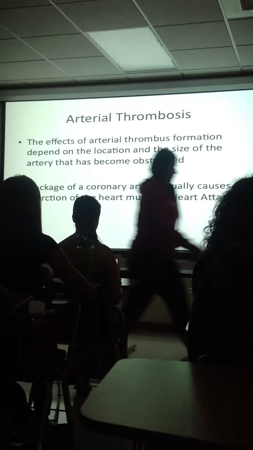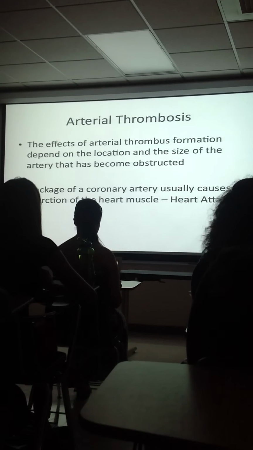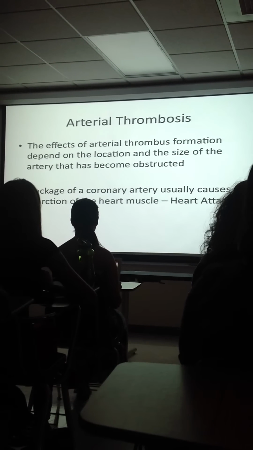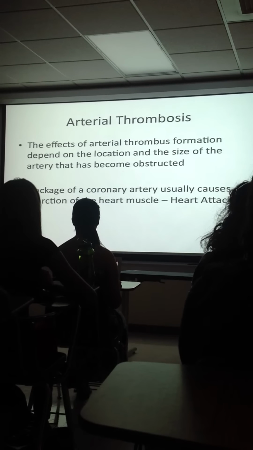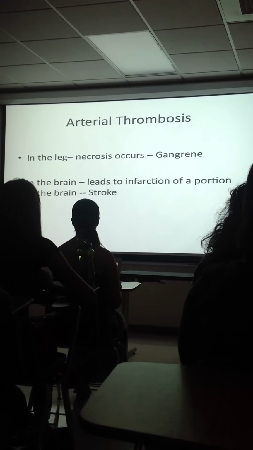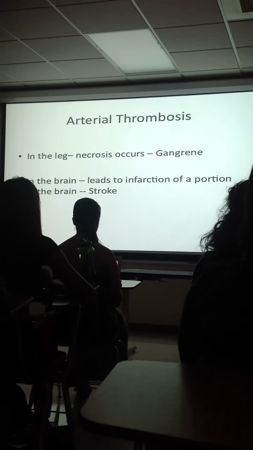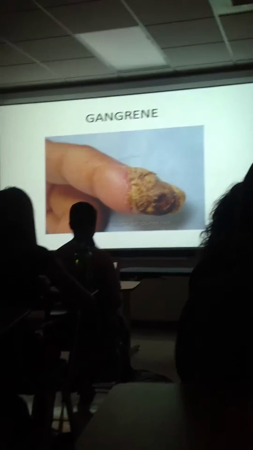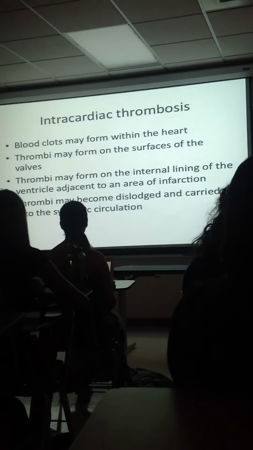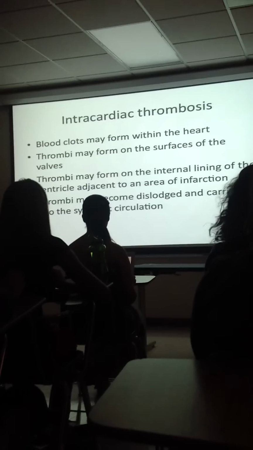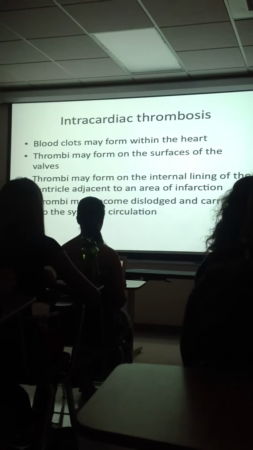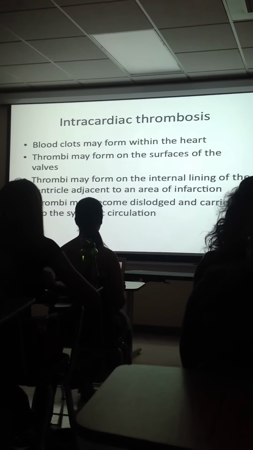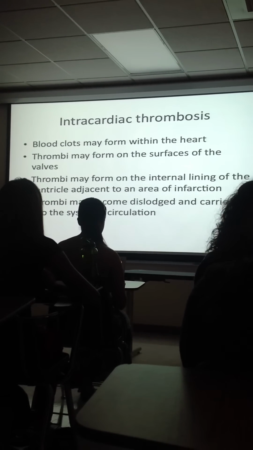Depending on where you have your arterial thrombus, they're called different things. Heart attack, coronary artery. Necrosis of the leg would be gangrene, in the brain it would be stroke. Again, the same picture there. We can have them in the heart, but remember, it's not really due to stasis, it's due more to an injury, whether to the heart itself or to the valve or valves.